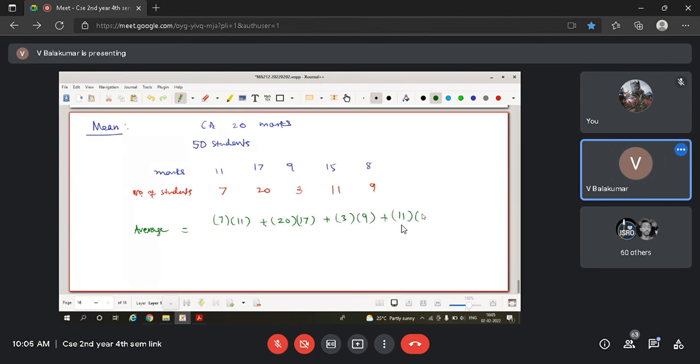Yes. This is the total mark, the total obtained marks, divided by 50, as you said.